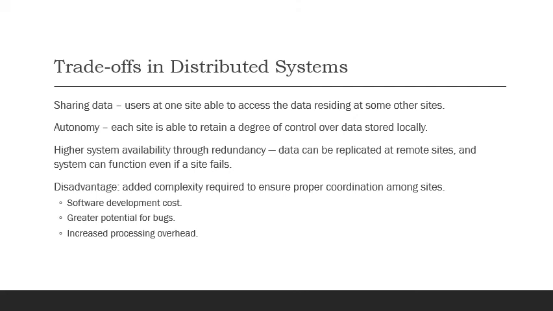It is harder to ensure the correctness of algorithms, especially operations during failures of part of the system and recovery from failures. There is also an increased processing overhead. The exchange of messages and the additional computation required to achieve inter-site coordination are a form of overhead that does not arise in centralized systems.